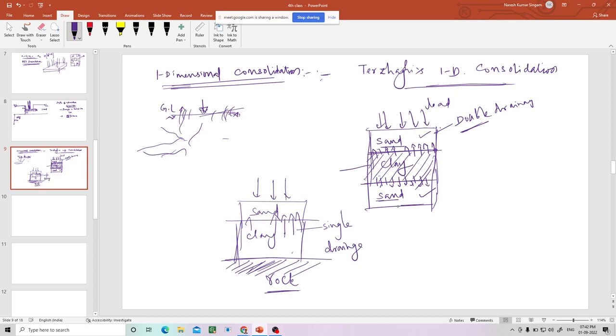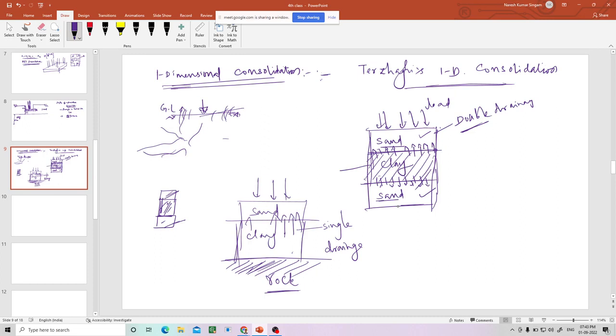In the laboratory, they conducted the test on that small sample with double drainage. There are two drainage faces for this soil sample, and that is the reason they use porous stones, where water can be expelled out from both directions.